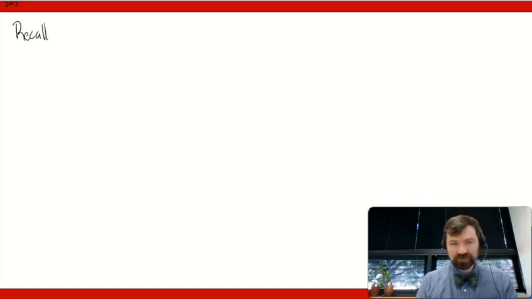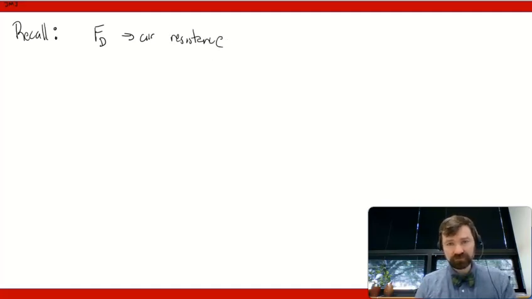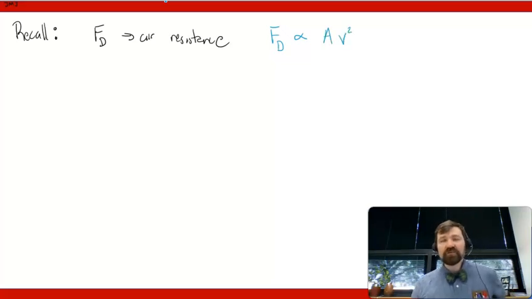We can begin by recalling a few facts, a few concepts, and so on. For starters, we have the drag force for air resistance. This air resistance drag was velocity dependent. So the force of the air resistance drag actually is proportional to the cross-section area of the object and the speed squared.